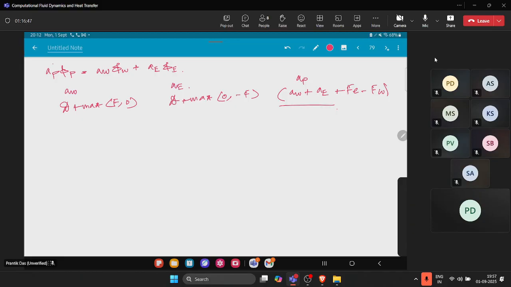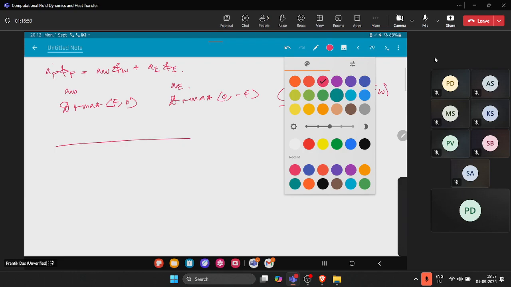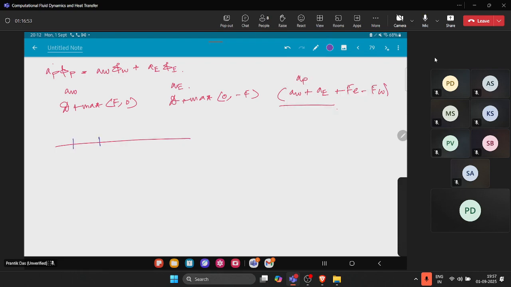So if there are 5 cells in the domain, 1, 2, 3, 4, and 5, each has width delta X, with delta X by 2 at the boundaries.